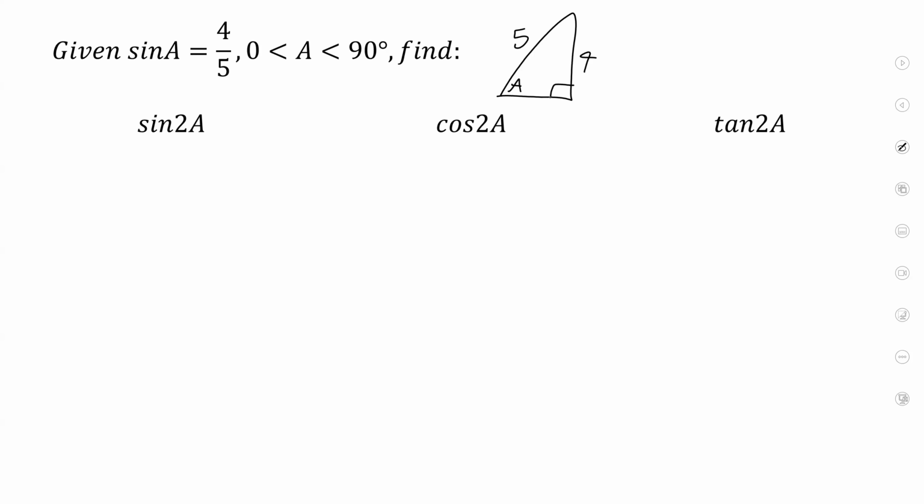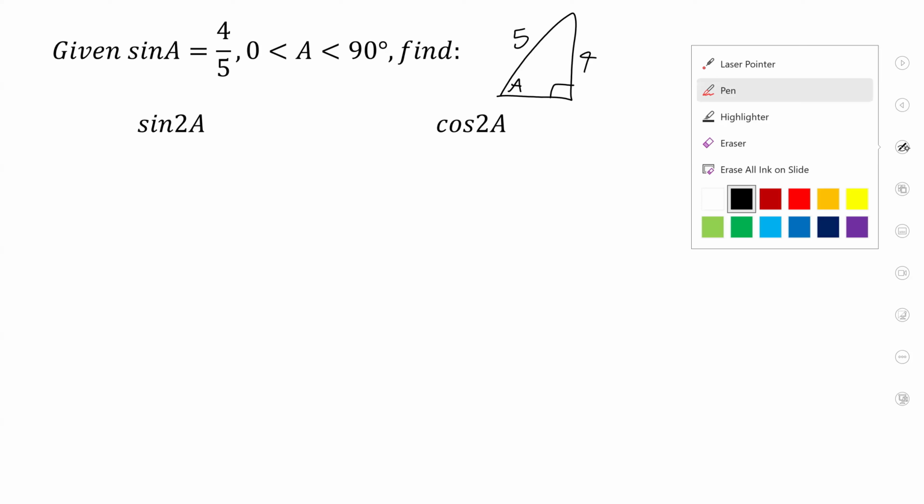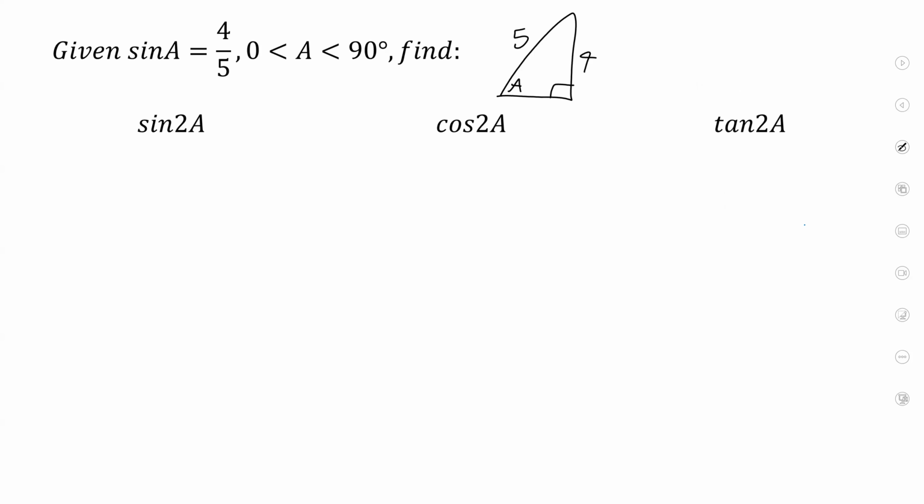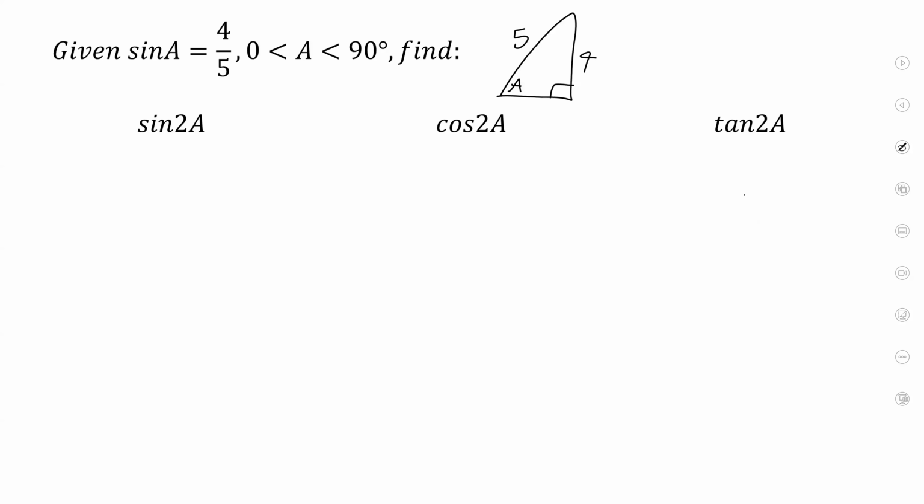If they told you what sine of that angle is, you should be able to find what cosine of that angle is. Ethan, what do you think cosine of A is? Good, I heard you.